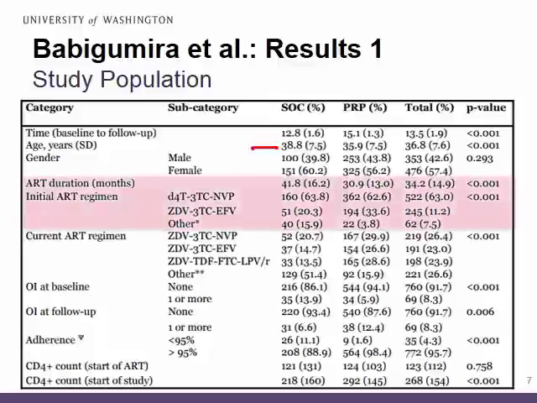And here are the regimens that they started on, and here are the regimens that they were on currently, and the number of opportunistic infections and adherence rates and the CD4 count. And the CD4 count was relatively similar between the groups when they were starting out. So this was a description of the study population.